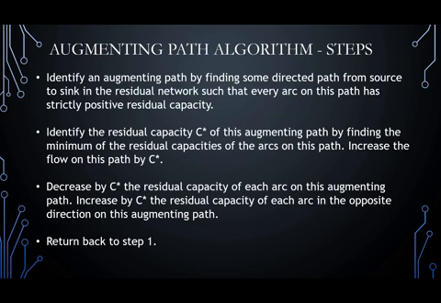Increase the total flow by C star, and for the augmenting path, reduce this C star value and write only the remaining values. Once you are done with one of the paths, go back to step 1, take another path and try to solve. Fine? This is how your augmenting path algorithm works.